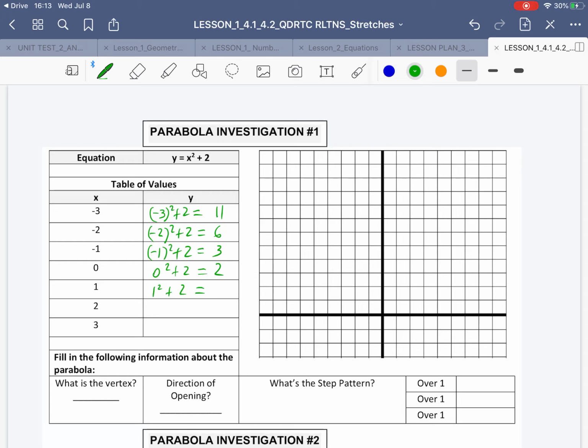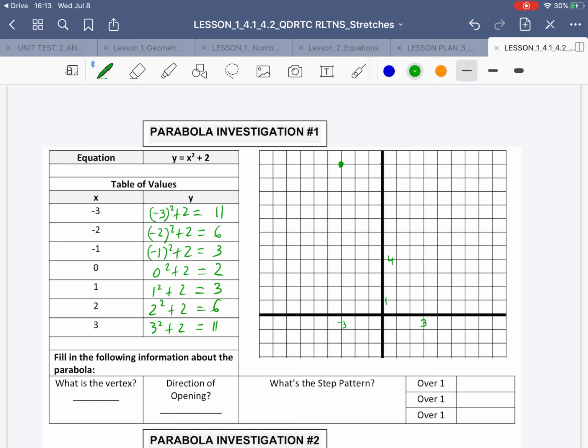1 squared plus 2, that's 3. 2 squared plus 2, that's 6. 3 squared plus 2, that's 11. What I'm going to do is draw the graph. I'm going to let 1 square be 1 unit. We're going to say that when x equals negative 3, y is 11, so 1, 2, 3, 4, 5, 6, 7, 8, 9, 10, 11 right here.